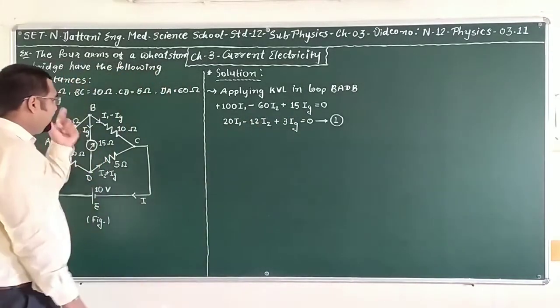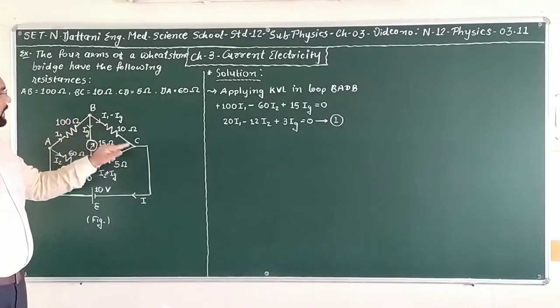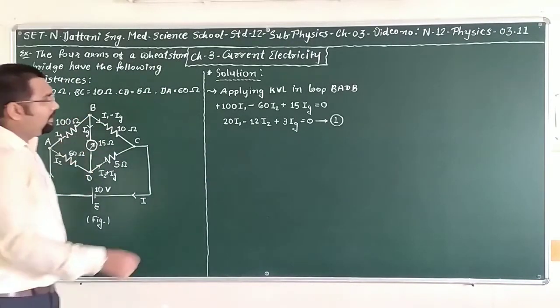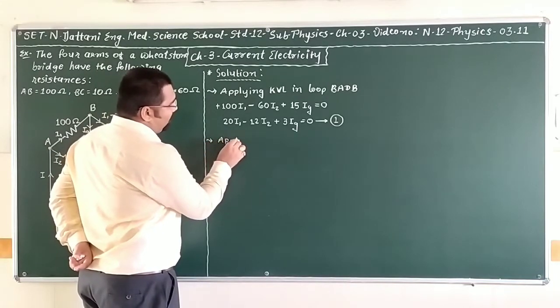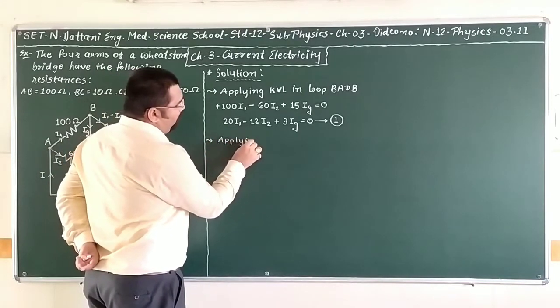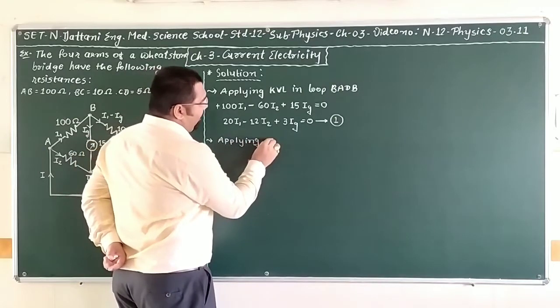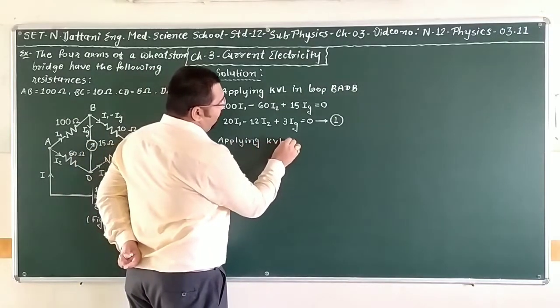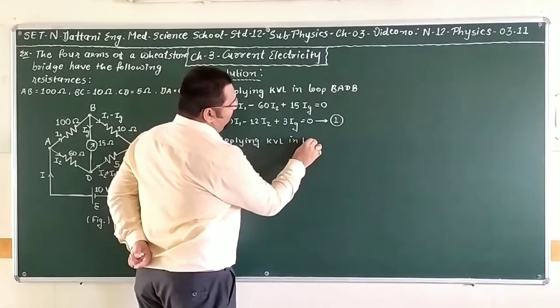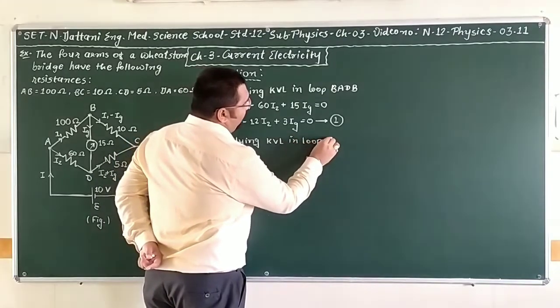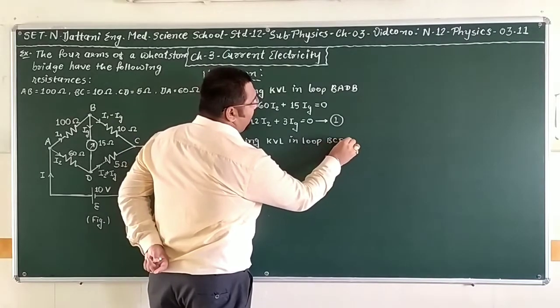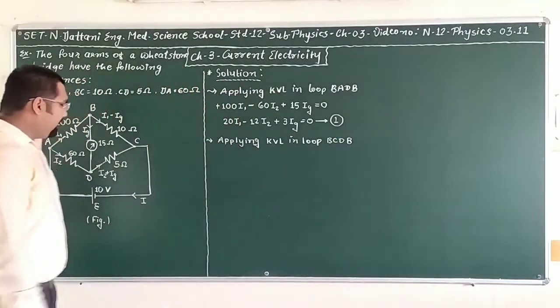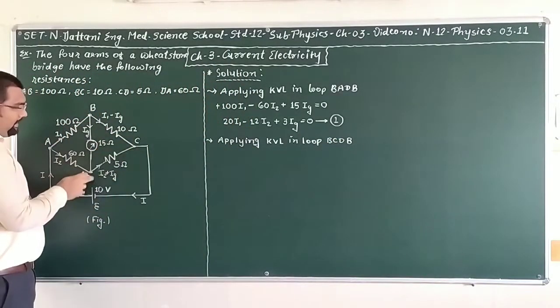Now we will apply the KVL on loop BCDB. This is our loop BCDB.